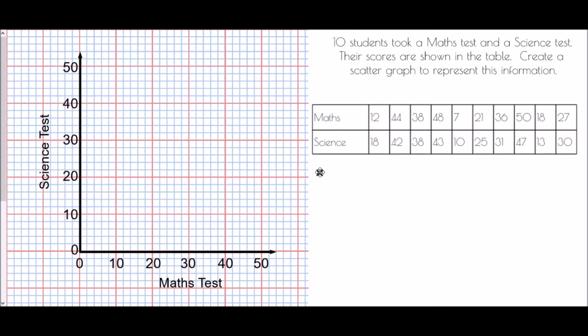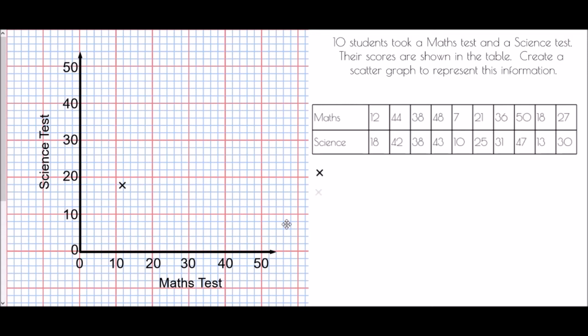And so all we're going to do is use these as coordinates. We'll see here our x-axis is the maths test result and the y-axis is the science test result. And so for the first person, they scored 12 in the maths test and they scored 18 in the science test, and so we'll plot a little cross for them.